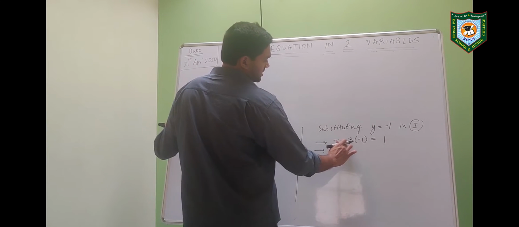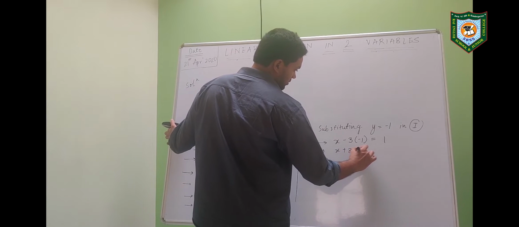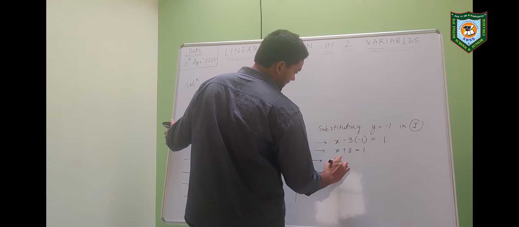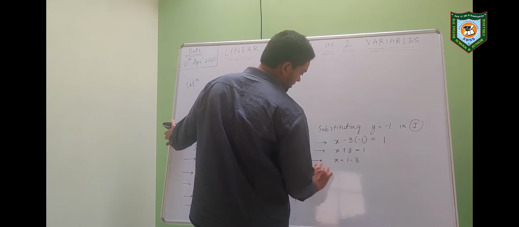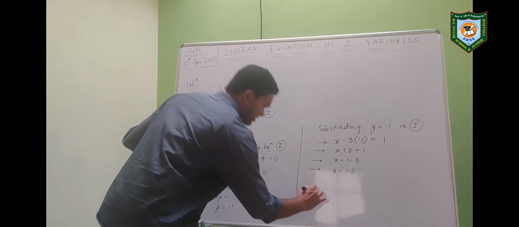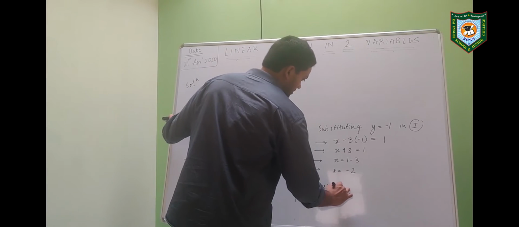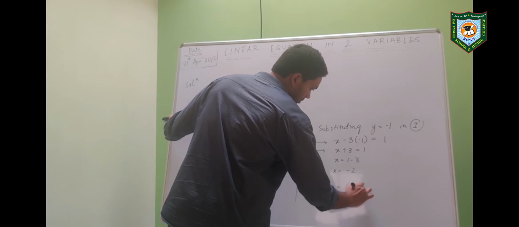Minus times minus becomes plus. So this is x plus 3 is equal to 1, which implies x is equal to 1 minus 3. Therefore x is equal to minus 2. So my solution (x, y) for this set of equations is (minus 2, minus 1).